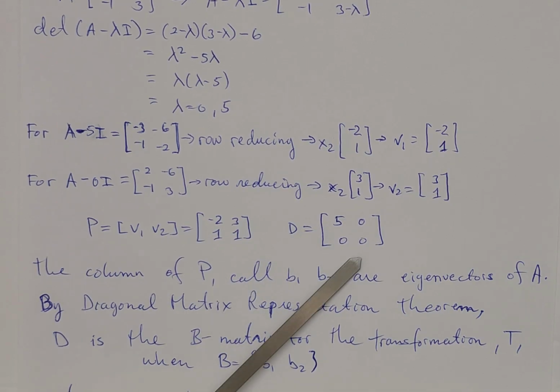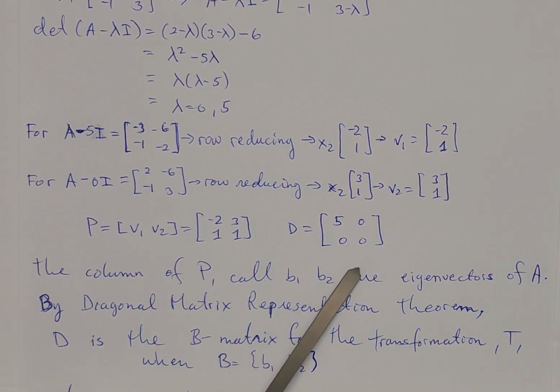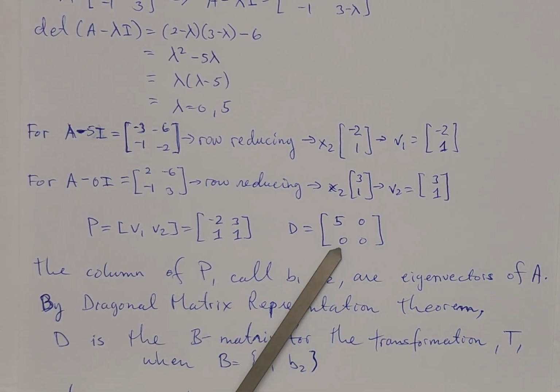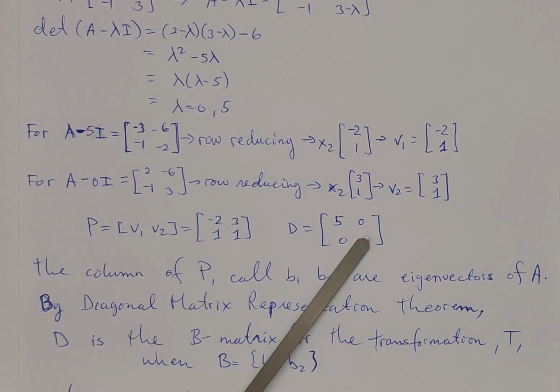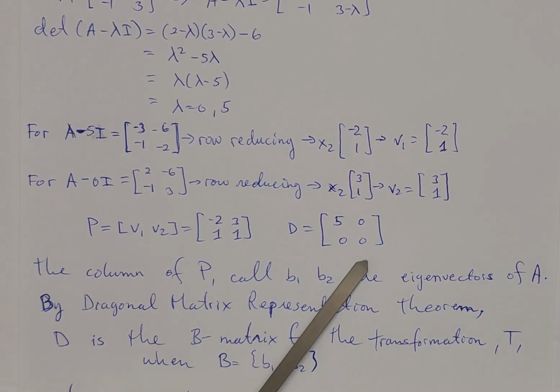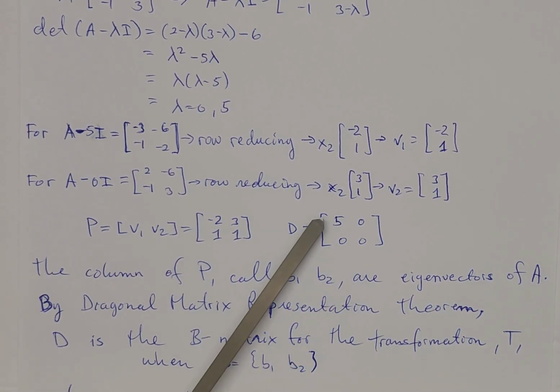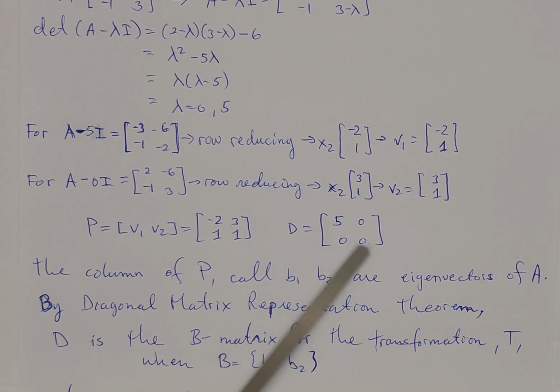This matrix is only the eigenvalues, and you put them on the diagonal, the rest just 0. So again, this matrix is the diagonal matrix, which contains all of the eigenvalues.